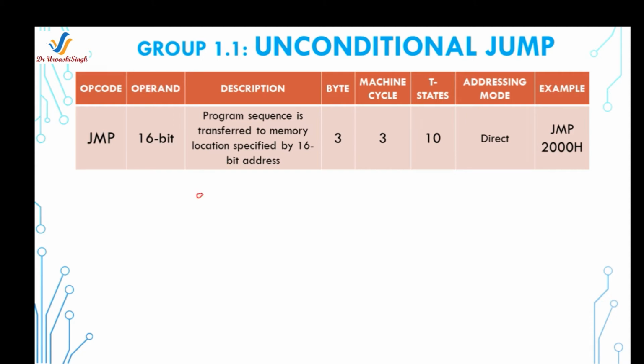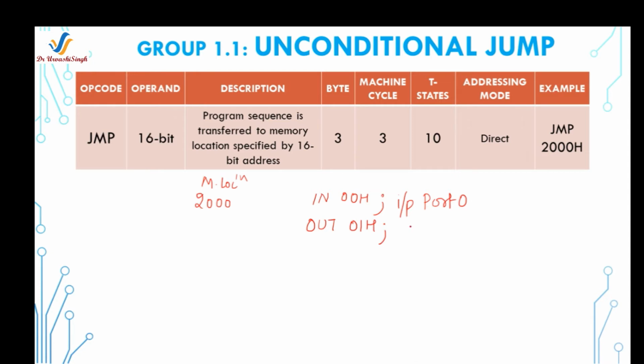I am assuming that the program is starting from the location 2000 hex. The instruction is IN 00 hex. So by writing this instruction, it means that microprocessor is taking input from the port 0 and then OUT 01 hex.